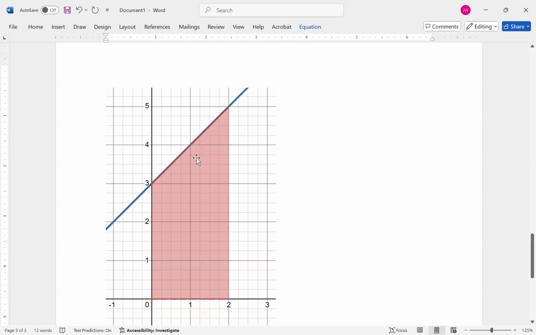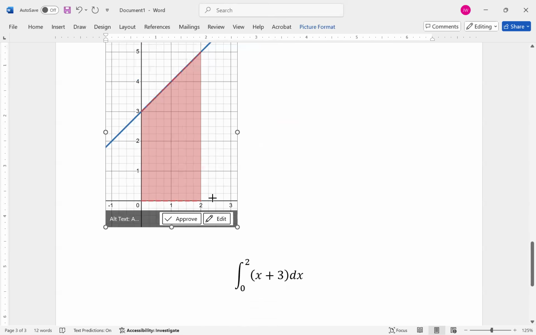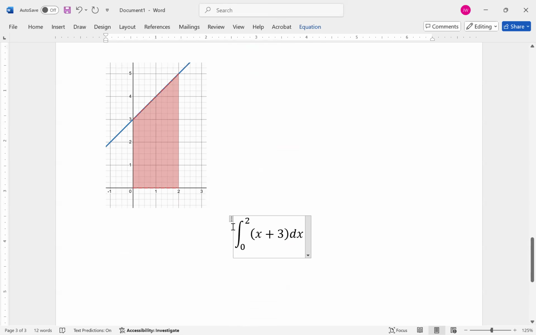All right, so here's our picture. Let's make that a little bit smaller. There we go. And we want to find the signed area underneath y equals x plus 3. So what I'm going to do is take the area of that triangle. That triangle has base of 2, height of 2. So area of a triangle is 1/2 base times height.